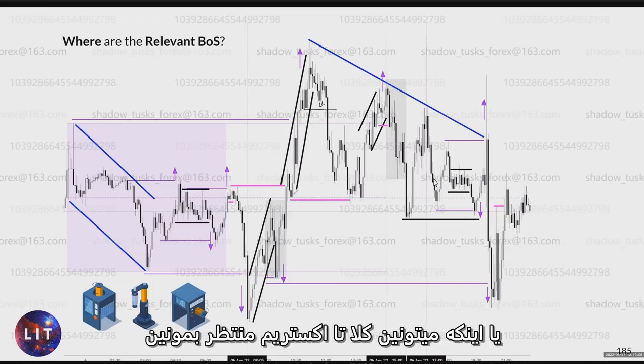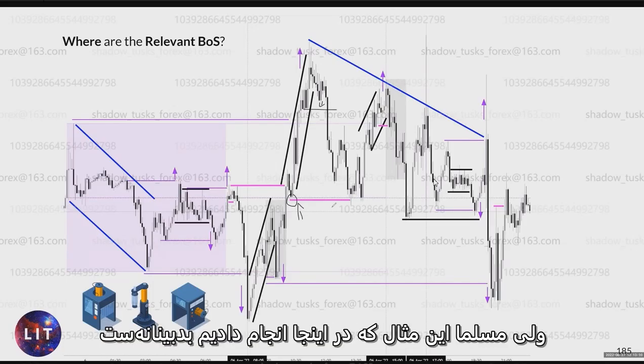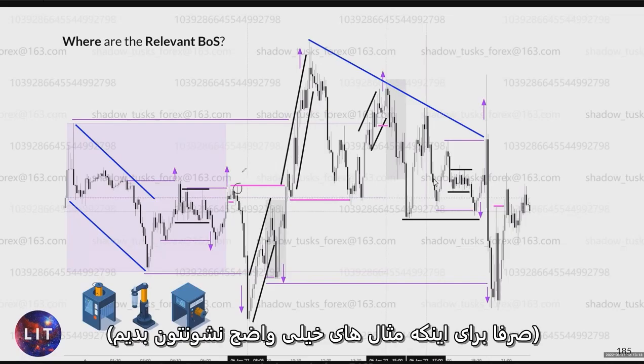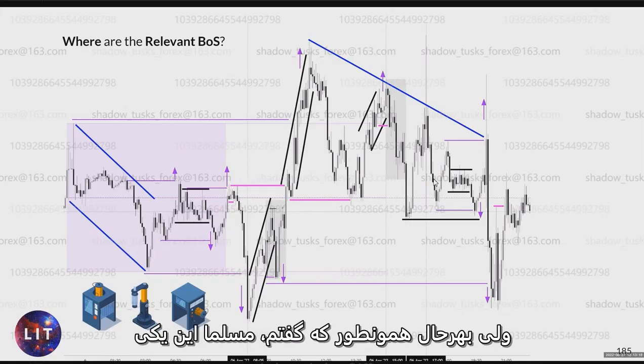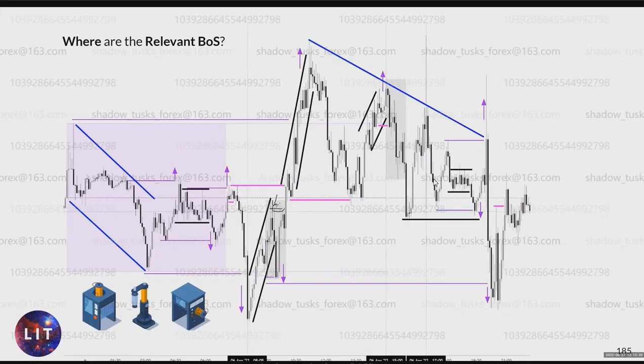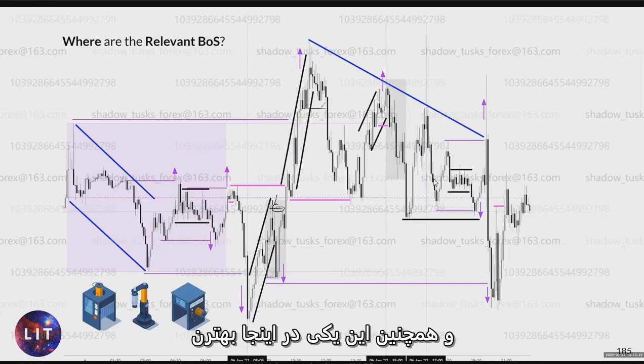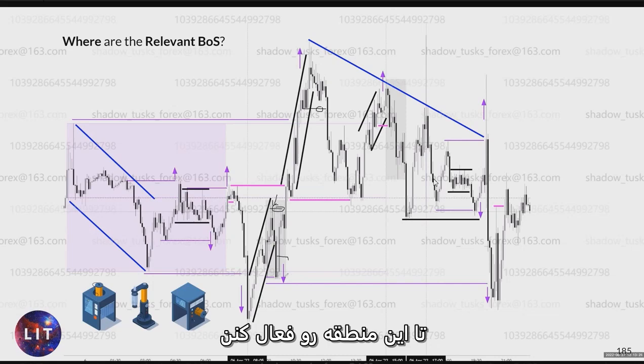Or you can wait for all the way the extreme one. But of course, that's just the pessimistic example like we did in here. But just to show you like very clean examples again, but the better ones, of course, this one. And this one right here as well, okay? To reactivate or activate this zone. Missed it here. Activate this zone.